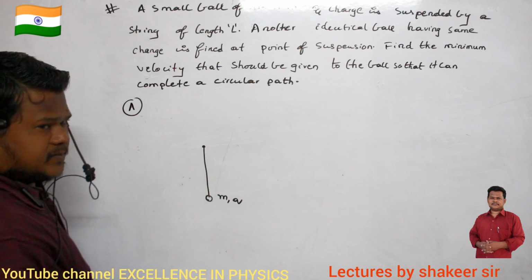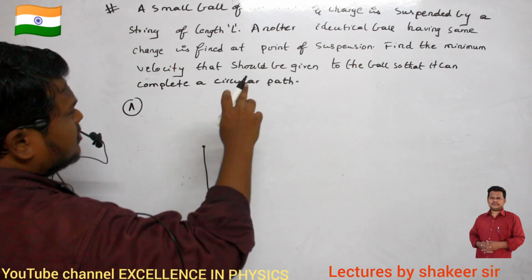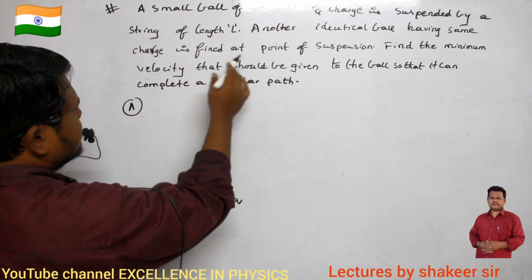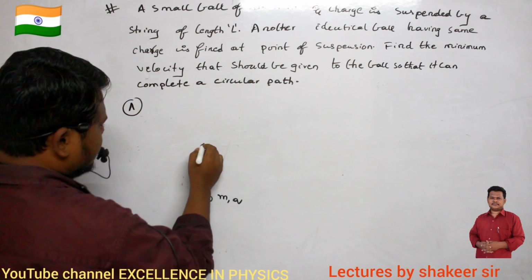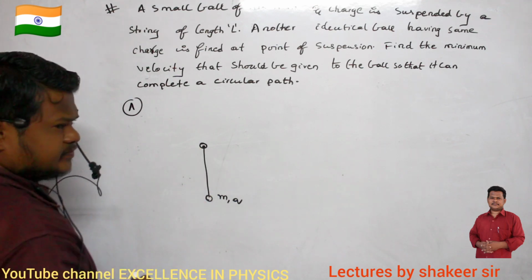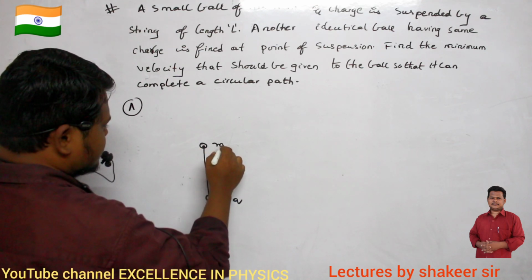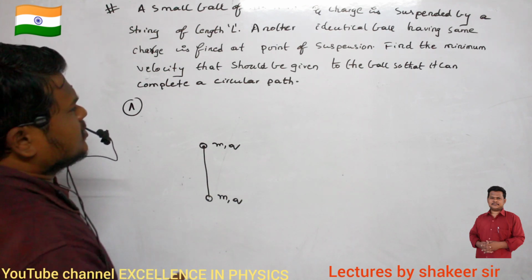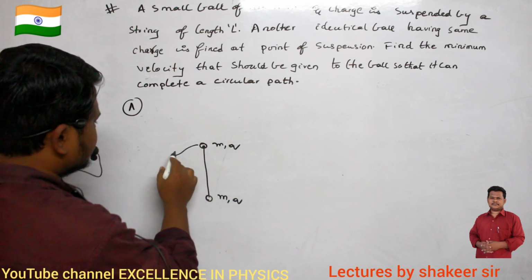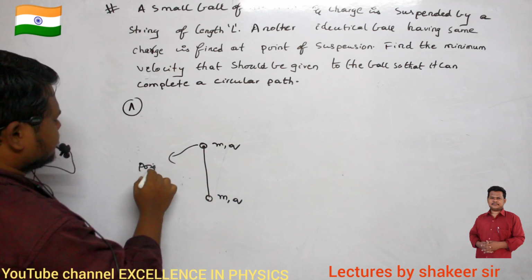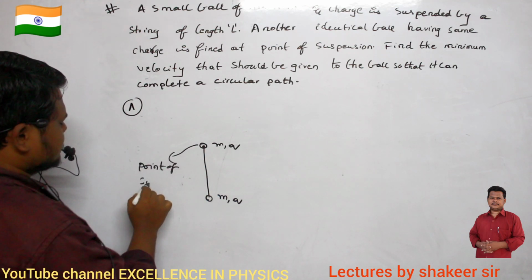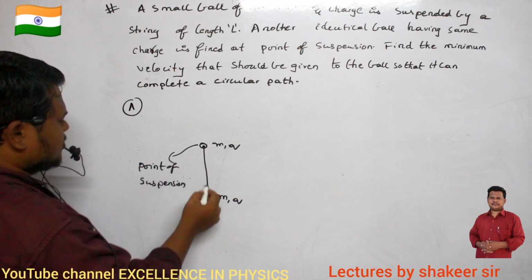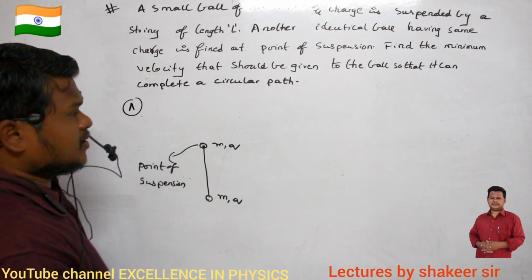Another identical ball having the same charge is fixed at the point of suspension. It means here I have one more charge, which also has mass m and charge q. What is meant by point of suspension? It means this body is hanging from this point. Clear?